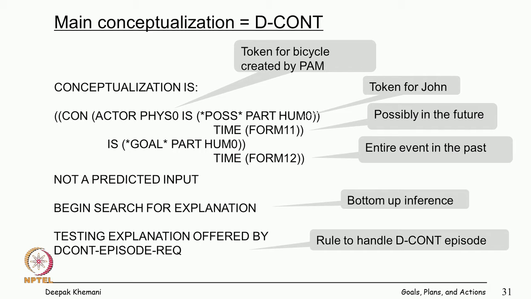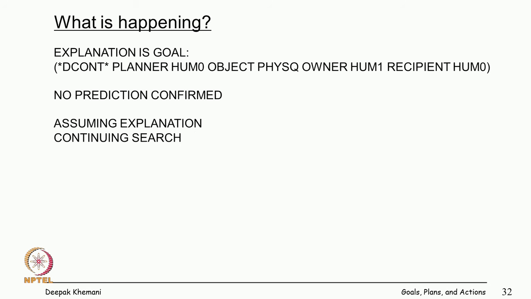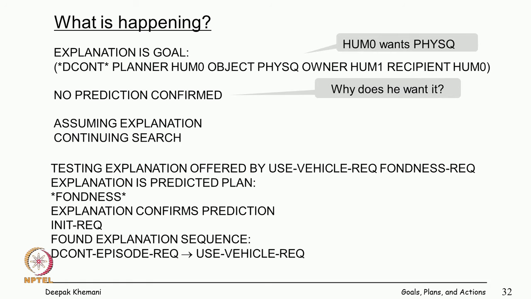So, it tries to figure out this explanation of why he wanted Bill's bicycle. The goal of D control that this actor had about this object, which is the bicycle, has not yet met a prediction.